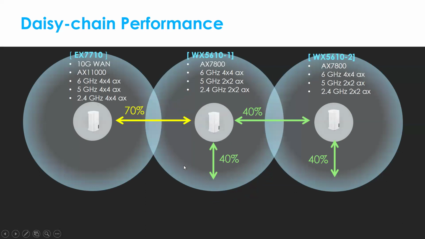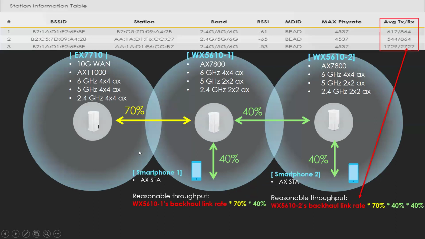When we connect in a daisy chain topology like this, for example with 2 extenders connected behind the same controller, the reasonable throughput that our station will get when it connects to the first extender will be the backhaul link rate multiplied by 70%, multiplied by 40%.